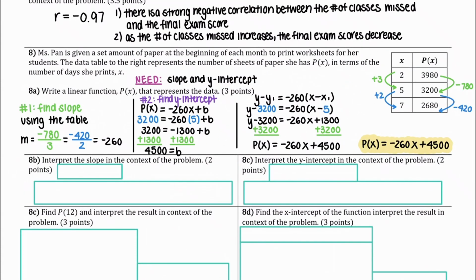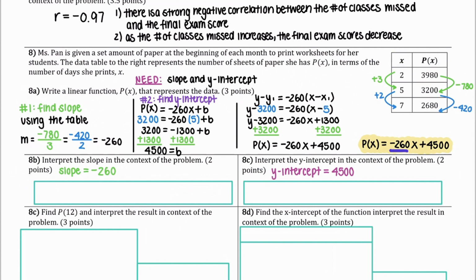Alright, so let's interpret what this means in English then. So slope, we know, is going to be negative 260, and the y-intercept is 4,500. So slope is a rate of change, so we have to explain what this is even saying. What does this 260 mean?